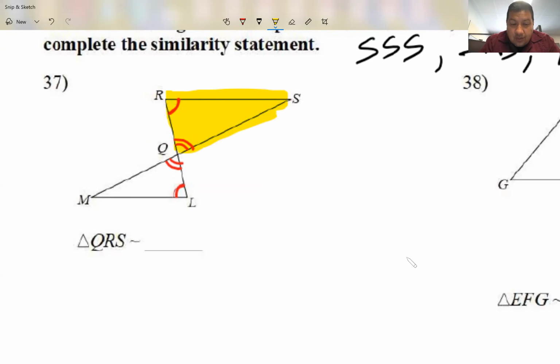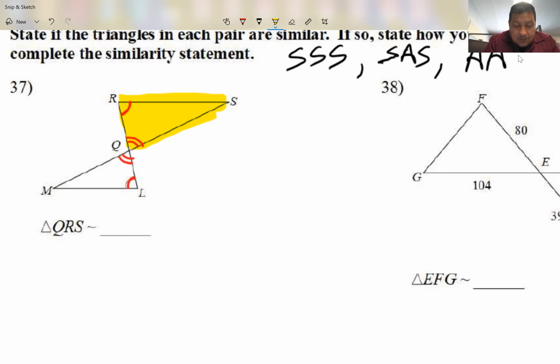Order matters. So I see here the statement starts with triangle QRS is similar to. We use the little symbol, like you guys see it there. I'm going to highlight it, I'm going to rewrite this. That is the symbol for similar. So I see triangle QRS is similar to, and I complete the statement. So the way I'm going to type this, order matters.